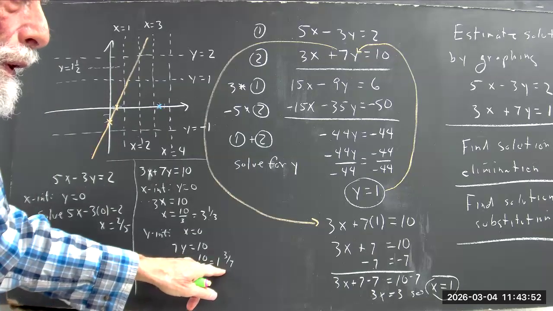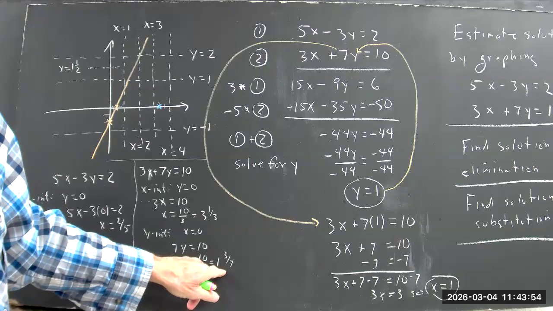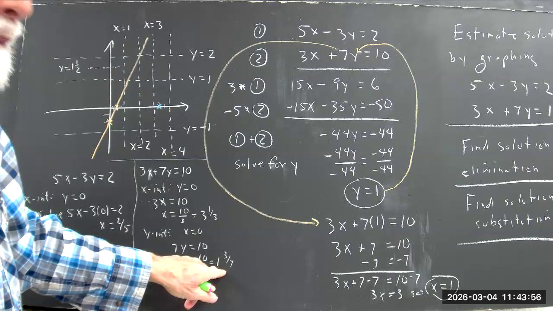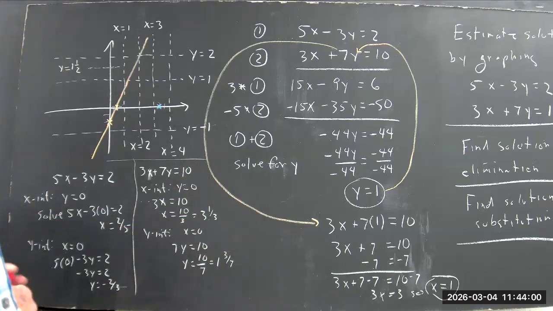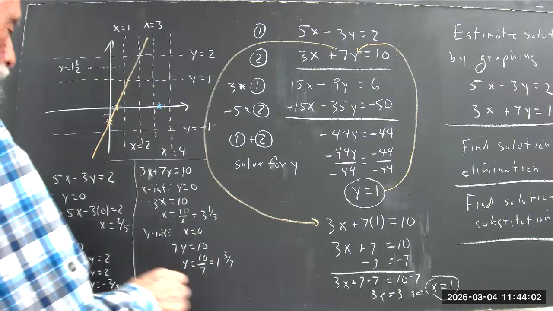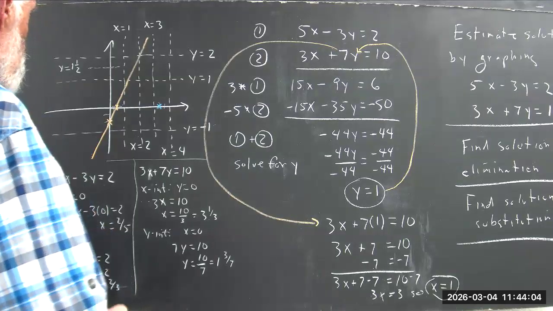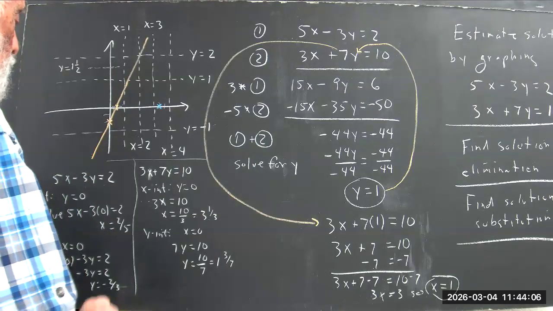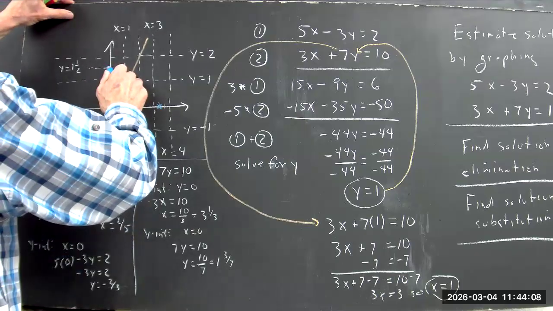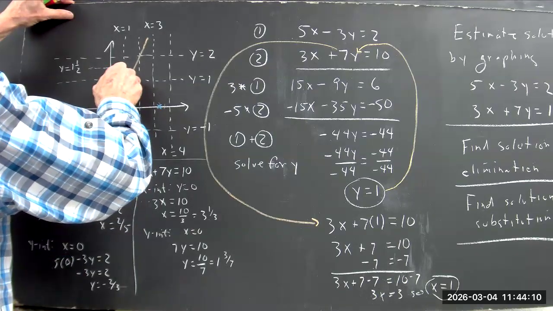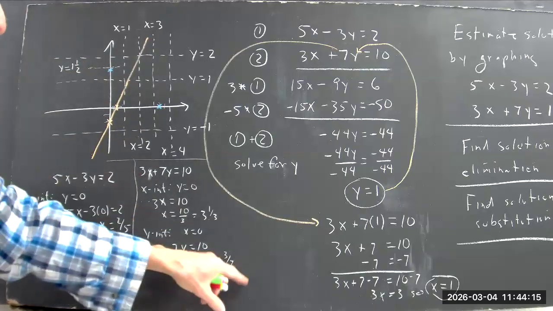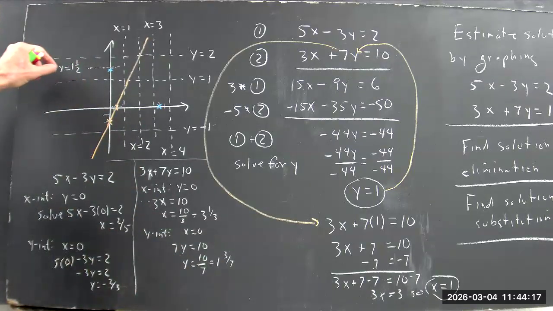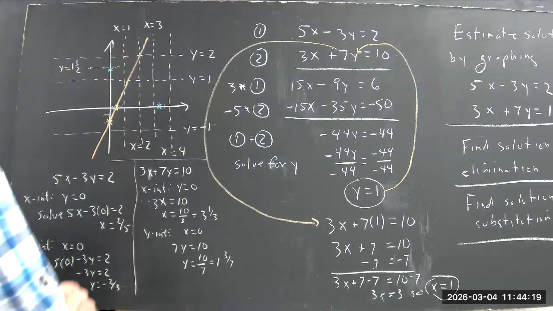And 3/7 is just a little less than a half. Okay. A half of 7 is 3.5. What would be a half anyhow? I'm going to draw a mark where I kind of think 1 3/7 ought to be, just slightly below 1.5.